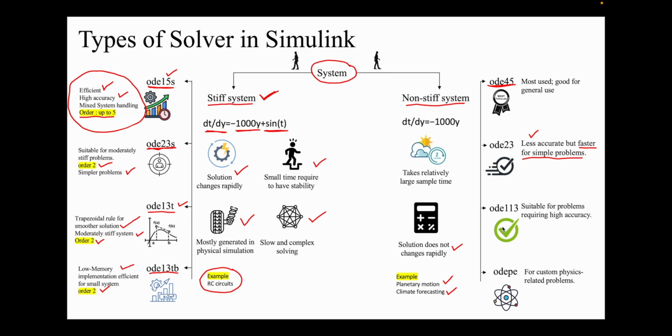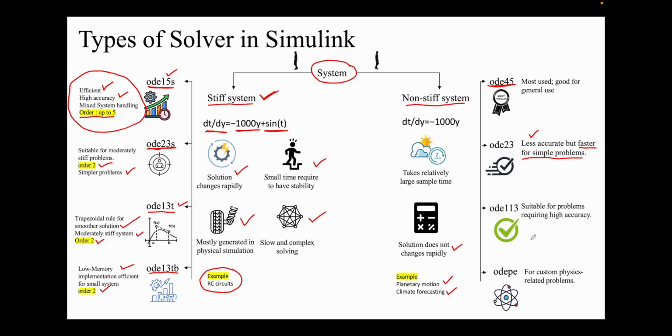And next is ODE113, suitable for problems that require very high accuracy. If you need very high accuracy, you need to use ODE113 as your solver, and that will give you a better accuracy on solving your model. Next is ODEPE.